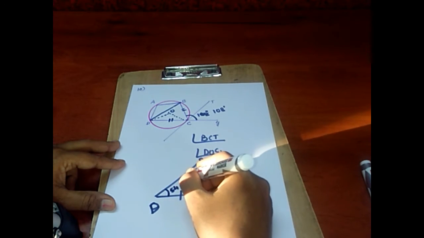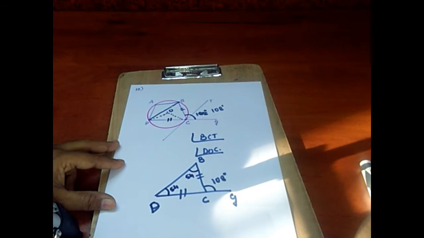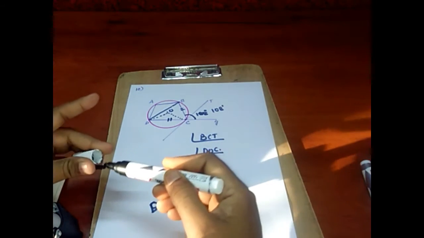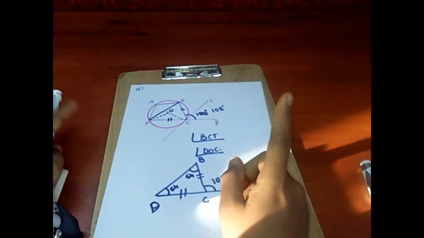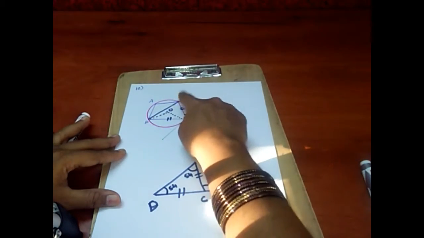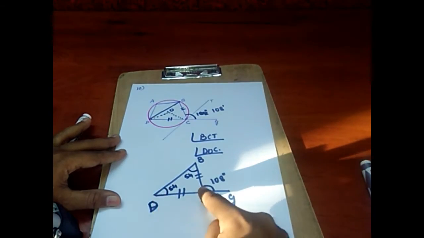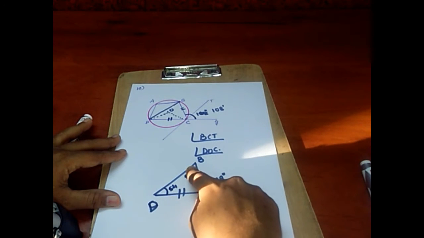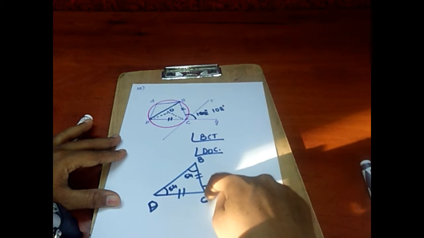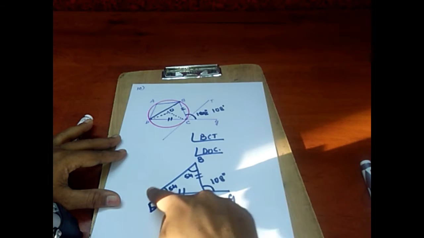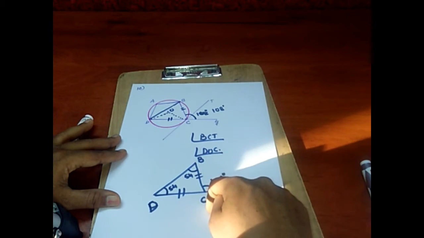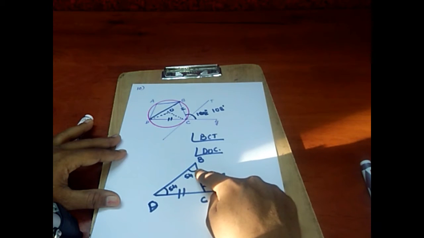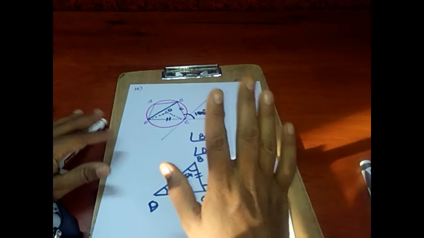Hence, measure of these two angles are equal to 54. That is point number 1. So, what is point number 1? Join DB, consider triangle DBC. Exterior angle is equal to sum of two interior opposite angles. As BC is equal to CD, measure of angle CDB is equal to angle DBC. Hence, each angle value is equal to 54 degree.